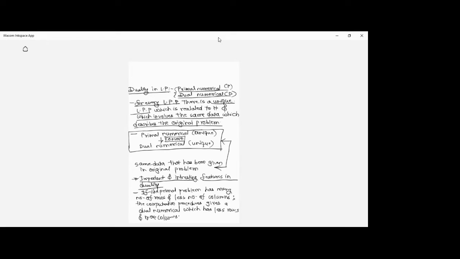Handling columns is okay, but if there are more rows, the computation becomes more and more complex. So I can convert my primal numerical into a dual numerical, which will have fewer rows and more columns, which we want. Then there will be ease in handling this problem. Also, the dual problem can be used for testing the accuracy of your primal numerical, right?